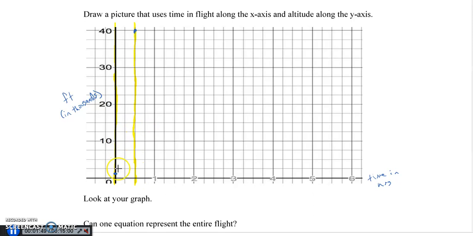And if I make a line between those, I apologize, I'll move it over there so it works. So a line starting at time 0 at 1,000 feet to 40,000 in 30 minutes.